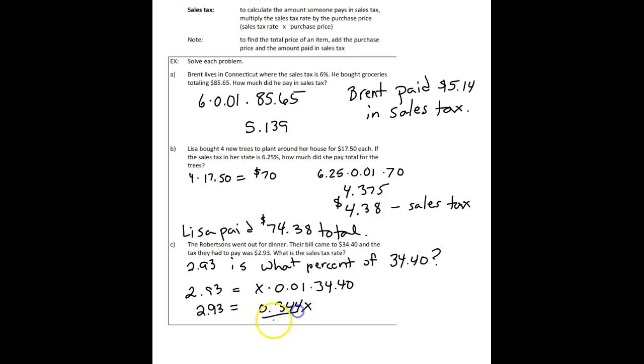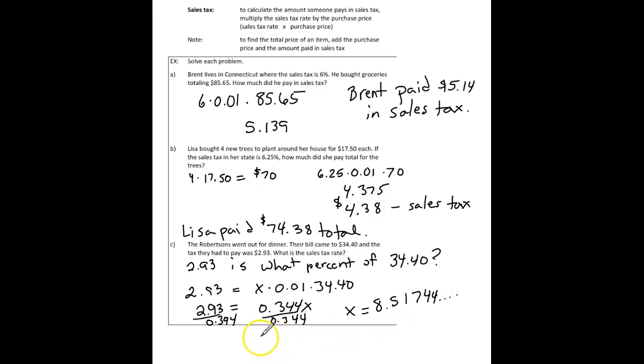Okay, so I divide by the 0.344. You can go ahead and divide that out for me. And what do you get? X equals 8.5174. You get the idea.